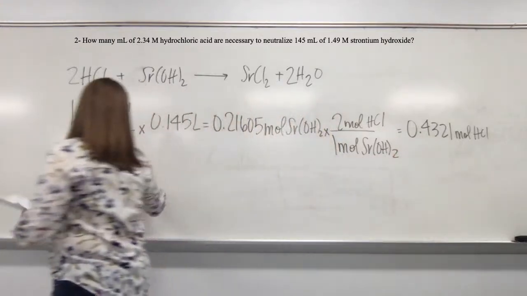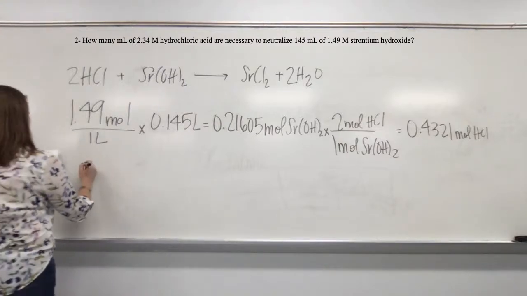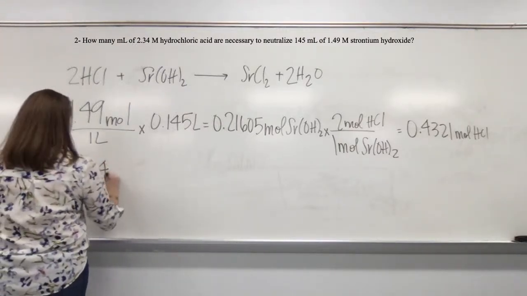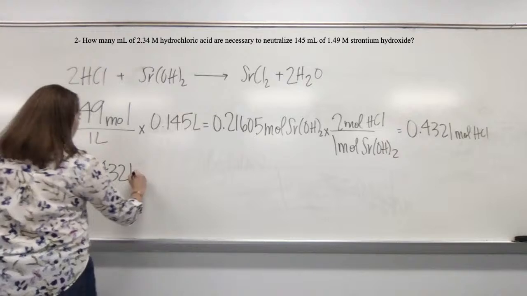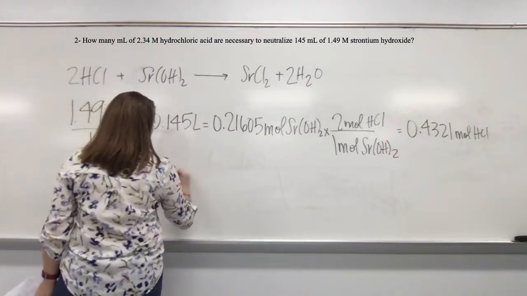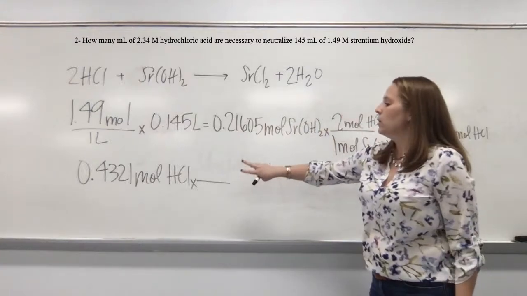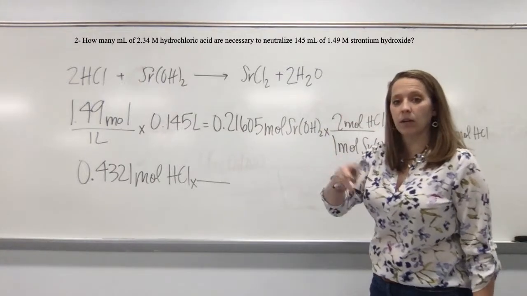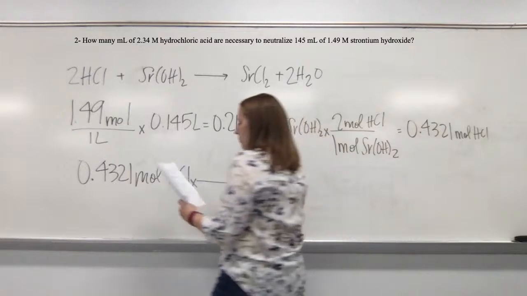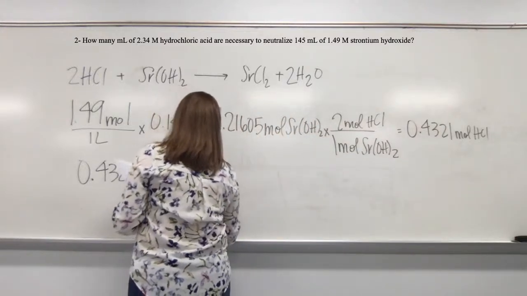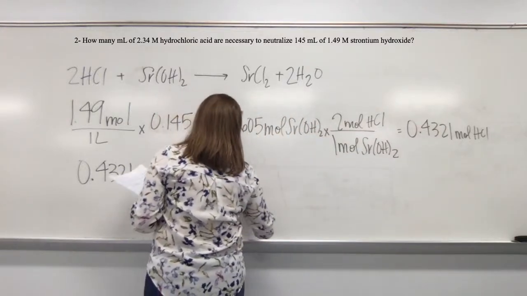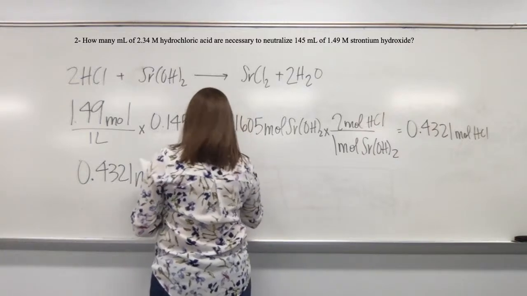So from here, we're going to take our 0.4321 moles of HCl, and then we're going to use the molarity, but we're going to invert it so you can divide by the molarity. And so what we'll get is 2.34 moles in 1 liter.